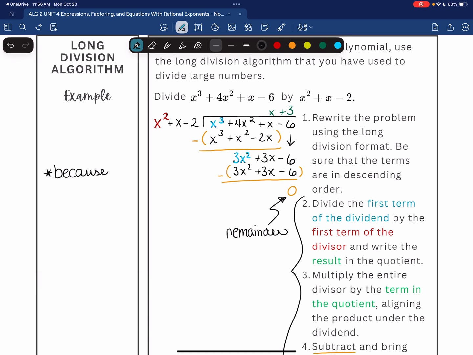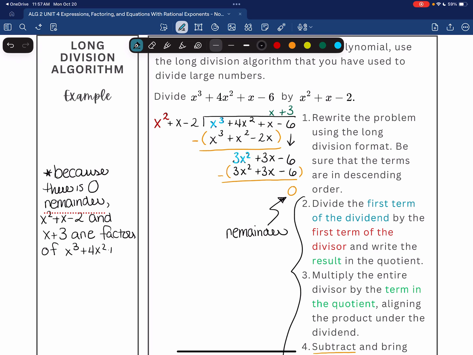Because there is 0 remainder, x squared plus x minus 2 and x plus 3 are factors of that original polynomial because it divides evenly without any remainders.